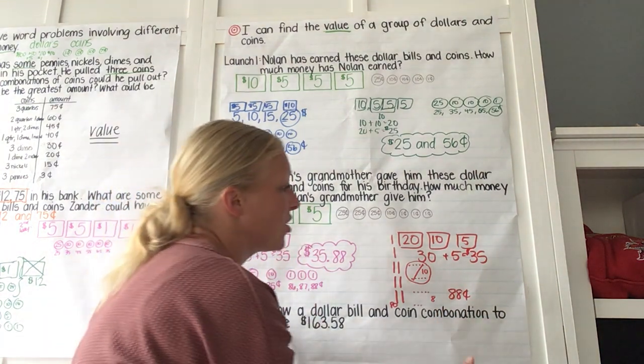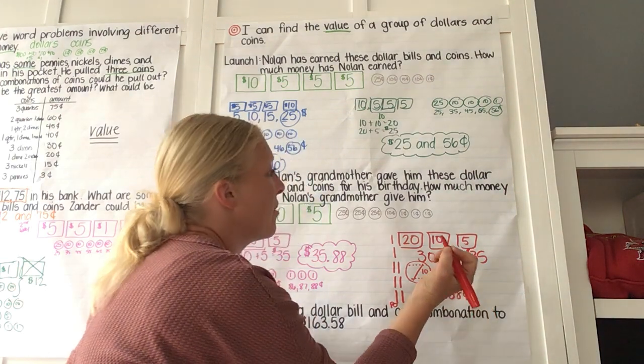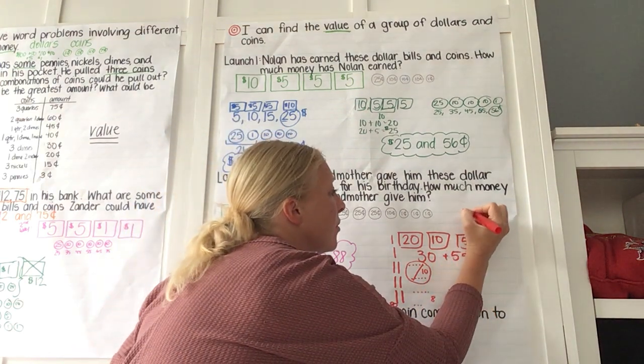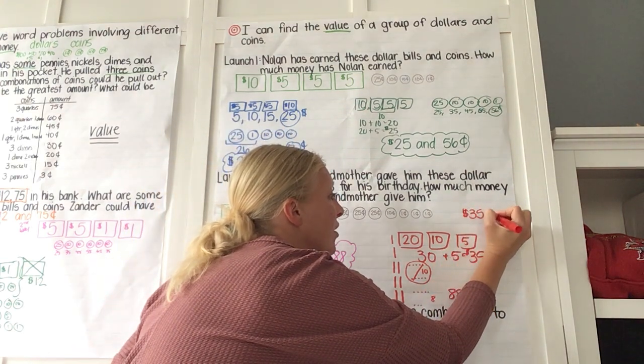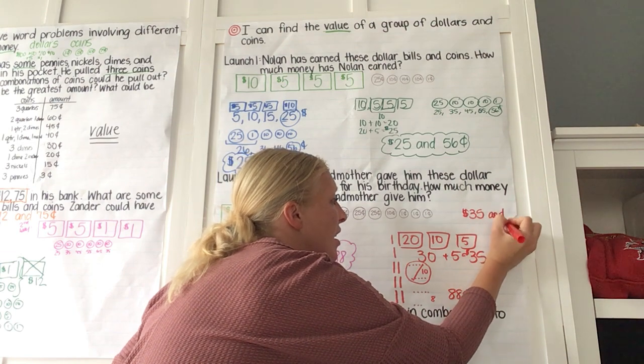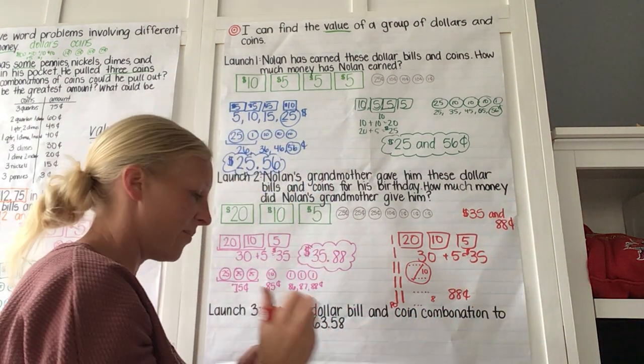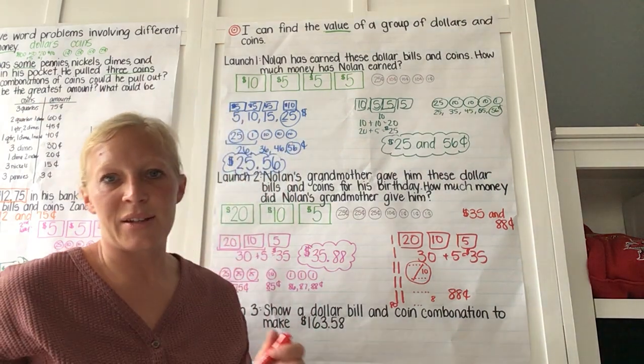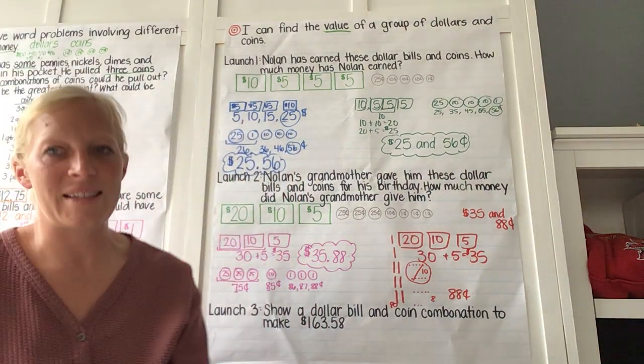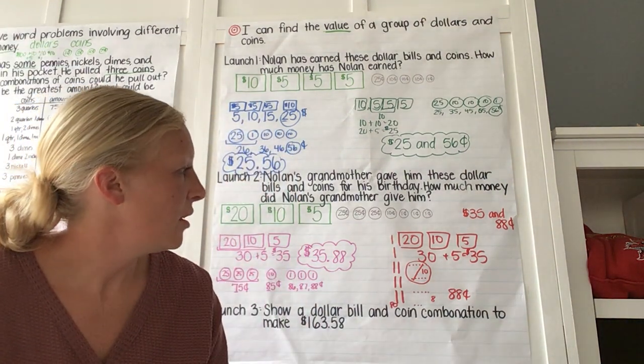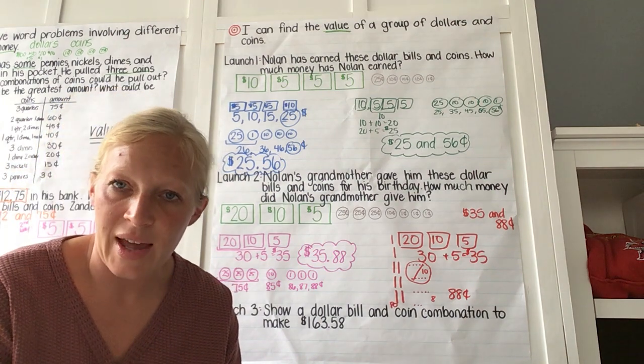Okay. And so what was the total that his grandmother gave him? $35.88. Same answer. What's different? Those coins are tricky, aren't they?